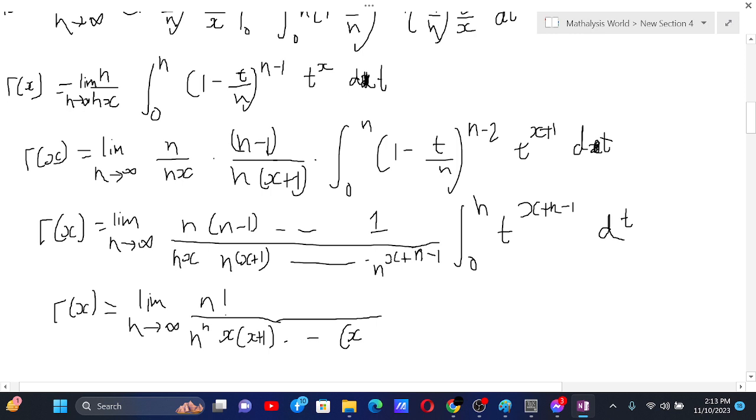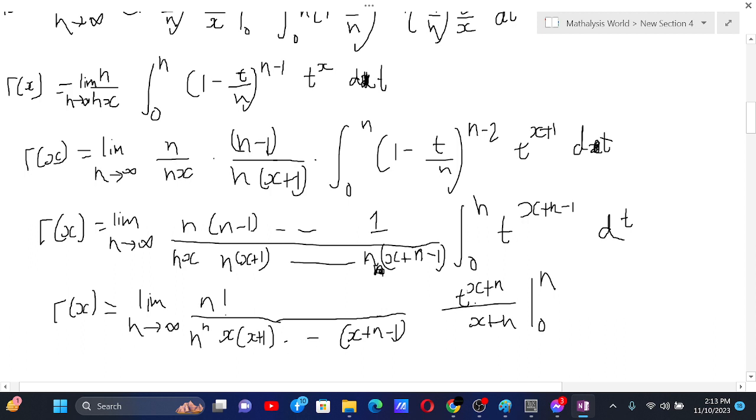This is not in power, right? This is just a product. And this integral gives us t to the power x plus n by x plus n, and we evaluate from 0 to n.